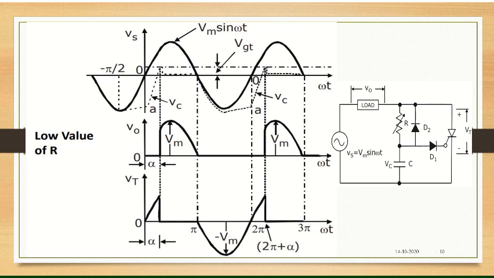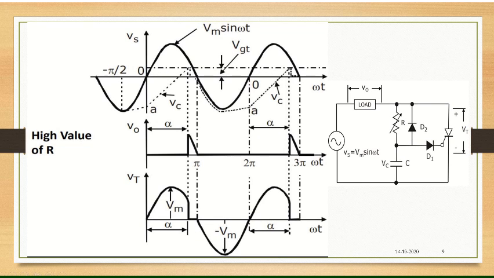But if you observe the average output voltage of the load, then you can say that the firing angle is inversely proportional to the output voltage, isn't it? So the lesser the firing angle, the average output voltage across the load will be more.